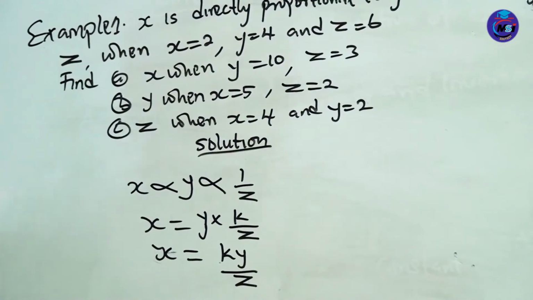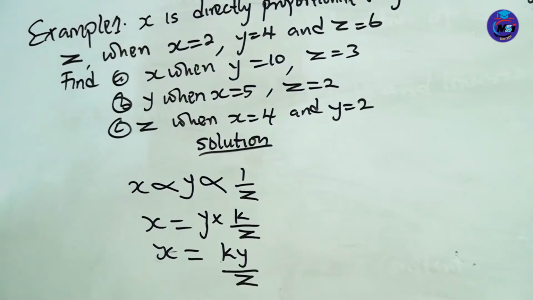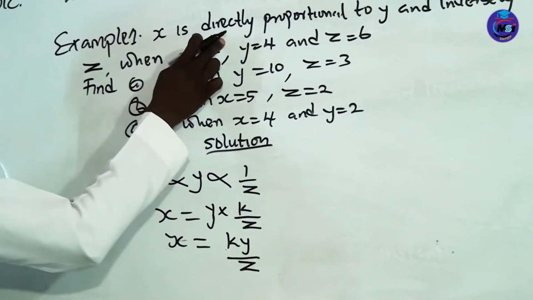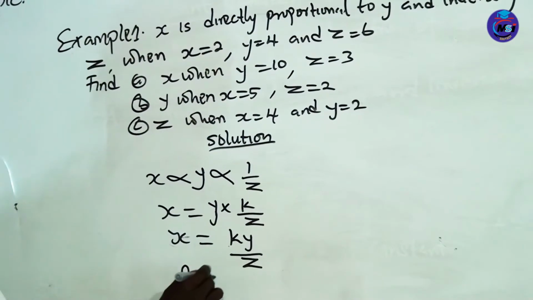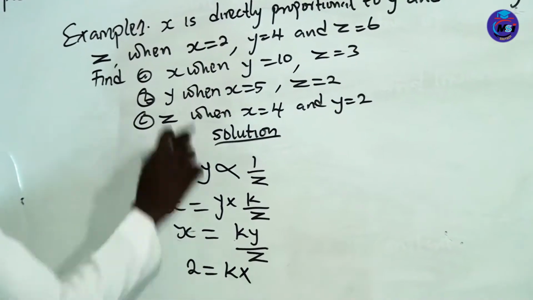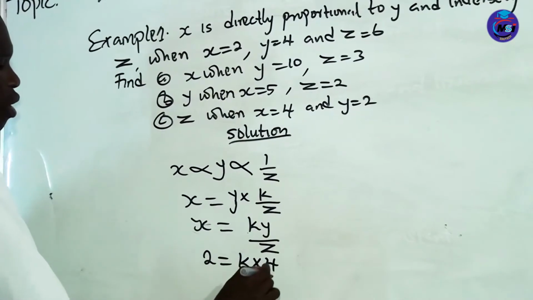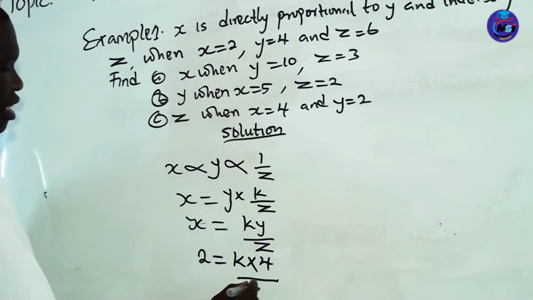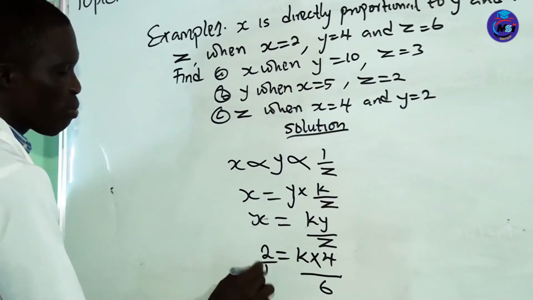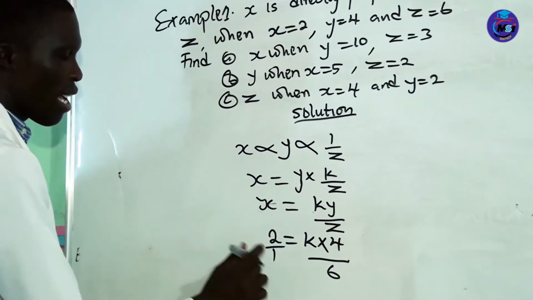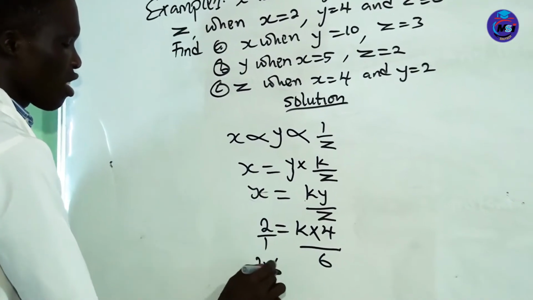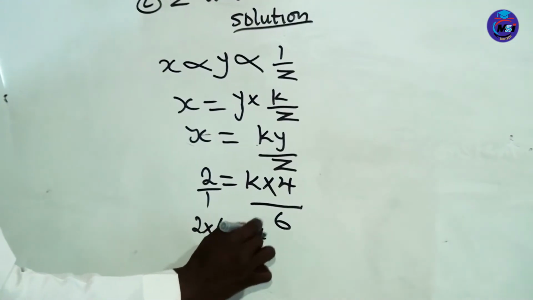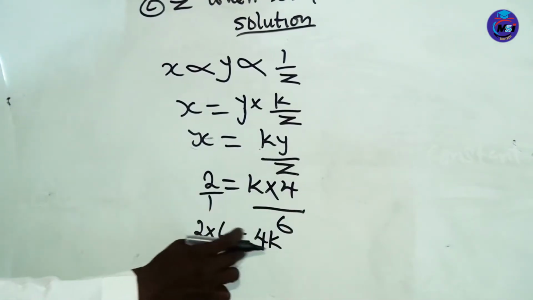Okay, now the next thing to do is our X is 2, K is not known, Y is 4, and Z is 6. So divide this by 1 and cross multiply. You have 2 times 6 equals 4K, because 4 times K will give us 4K.